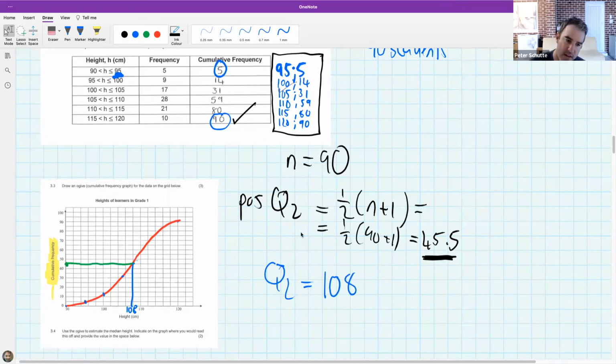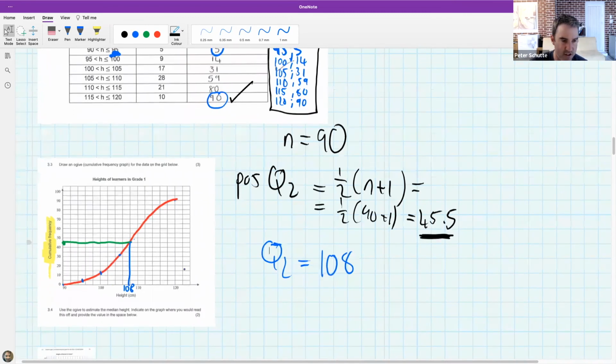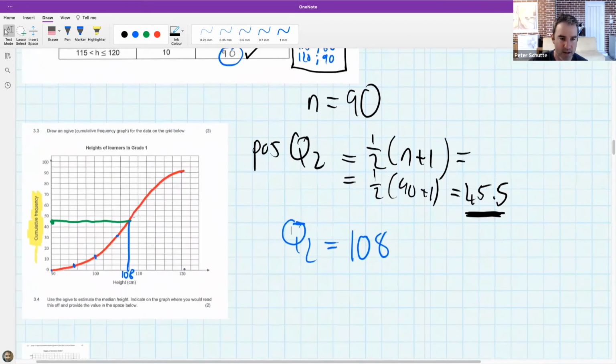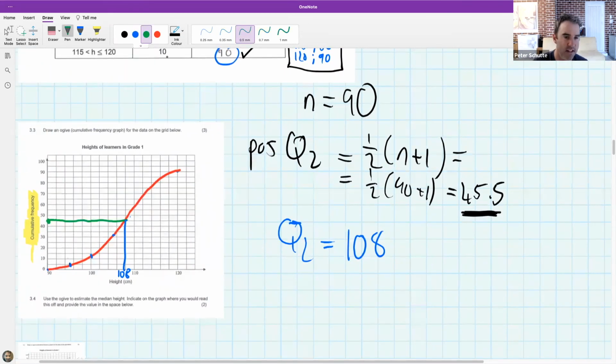Now, this method can actually be used to find the upper quartile as well, or Q3. So we can get an estimate for Q3 using exactly the same method that I just used. I want you to use the ogive to find the estimated upper quartile of the data.